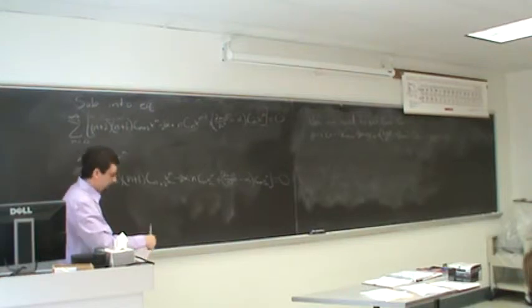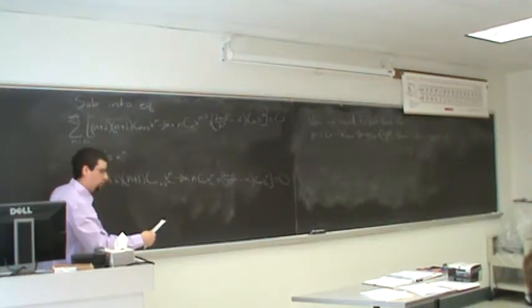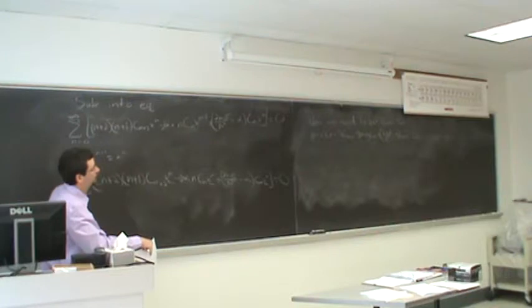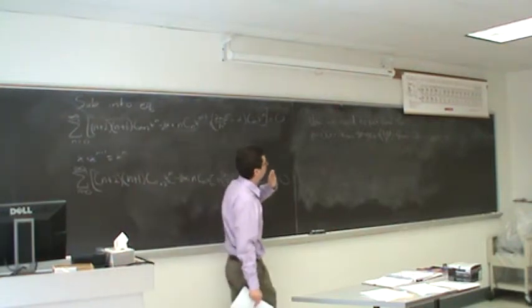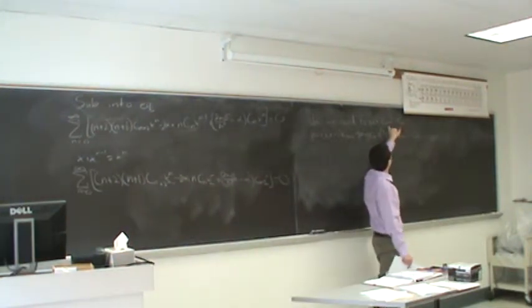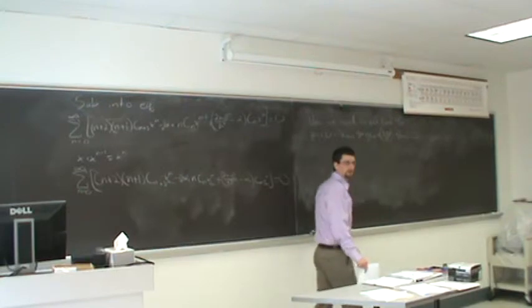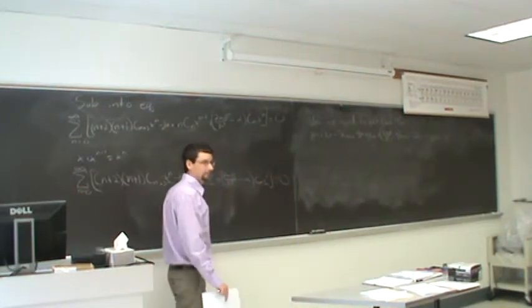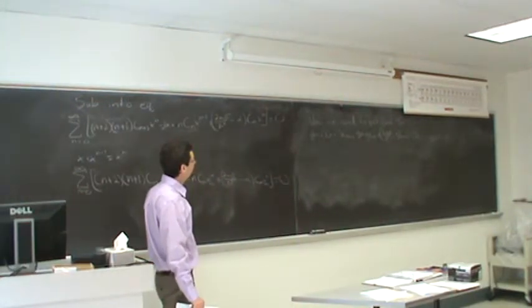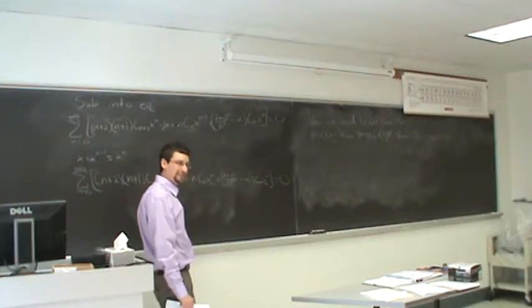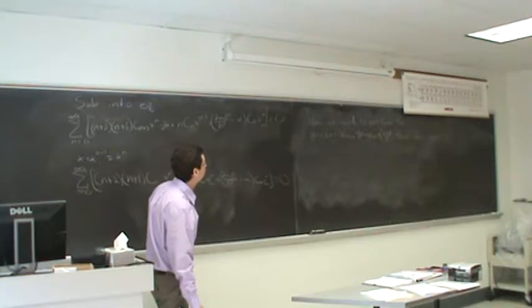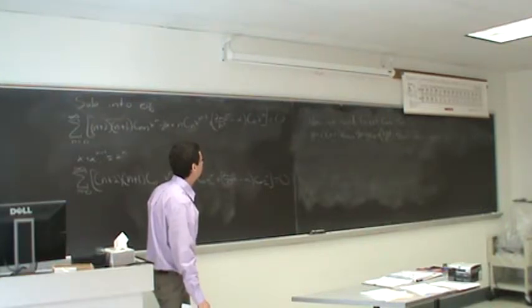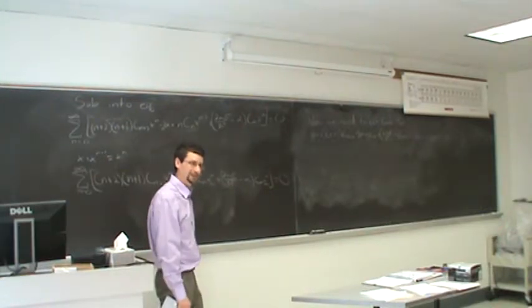Okay. So which of these should we solve for then? Or which of these is the most complicated in terms of the coefficients? So should we solve for c sub n plus 2 or c sub n? The most complicated is c sub n, isn't it? It actually ends up being c sub n plus 2 if you solve for c sub n. You could. Let's go with just c sub n plus 2 because that's what I did.